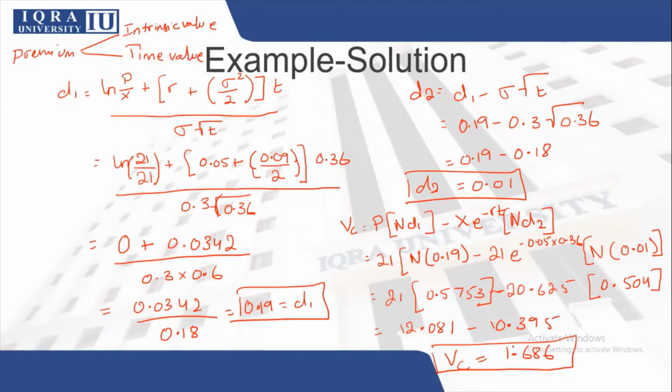You have calculated that the premium is 1.686. What is the intrinsic value and what is the time value out of this? The intrinsic value is basically the exercise value. Here the price P was 21 and X was 21, so if you exercise it, it will be 0. So the intrinsic value is 0, and this 1.686 represents just the time value.